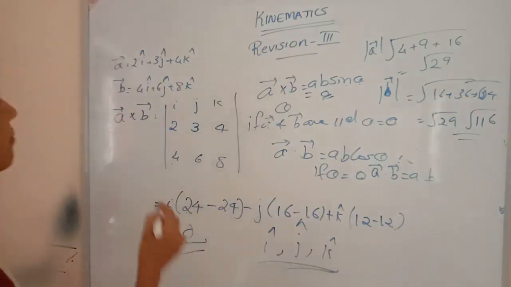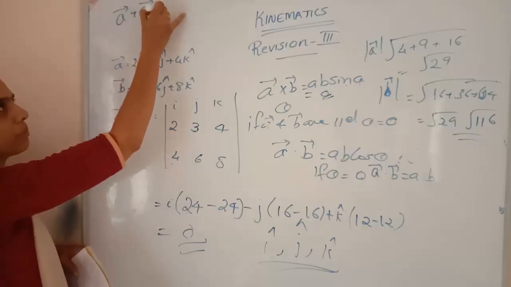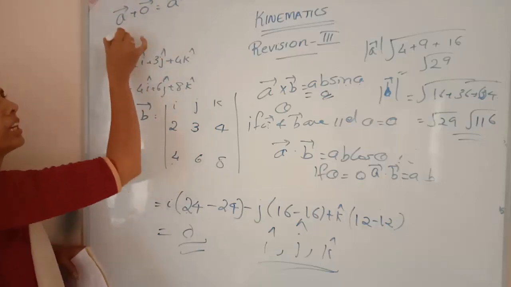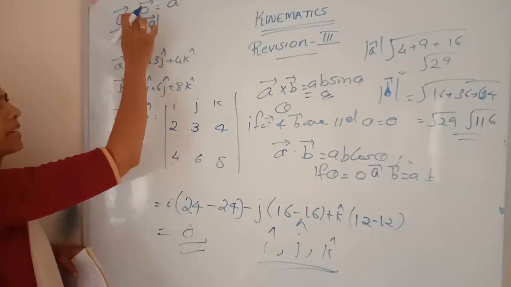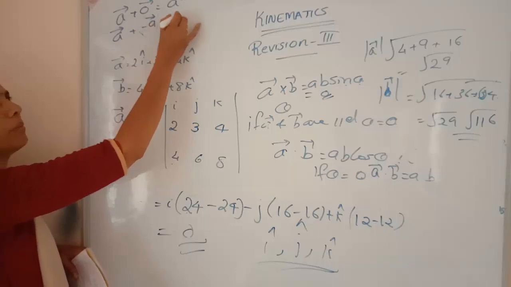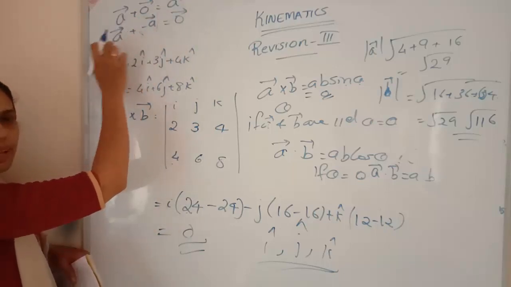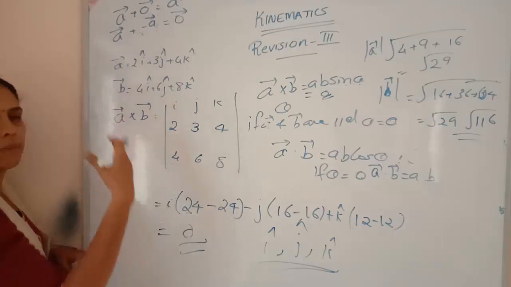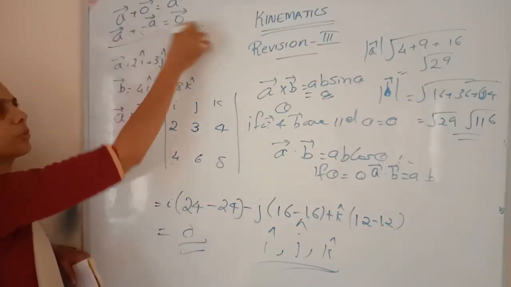See, if we add a zero vector to vector A, it will be equal to vector A. If I am adding a vector and its opposite vector, we will be getting a zero vector, because when we are adding or subtracting two vectors, we will be getting a vector quantity only. How we will be representing that vector quantity?